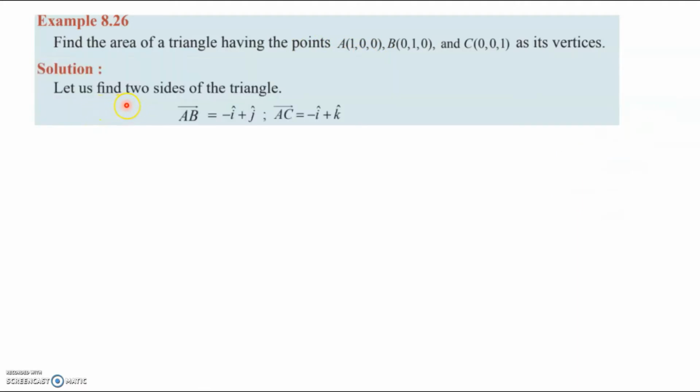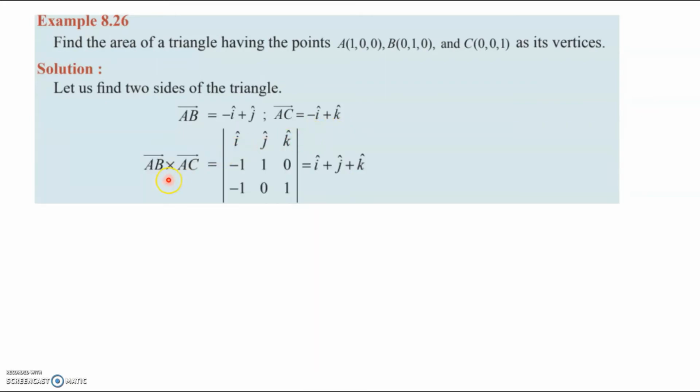So let us find two sides of the triangle, which is AB vector and AC vector. With the information which is given to us, we can say that AB vector is equal to OB vector minus OA vector, and you can find the OB and OA vectors and OC vector using these coordinates. So your resultant AB vector will be minus i cap plus j cap, and AC vector would be minus i cap plus k cap.